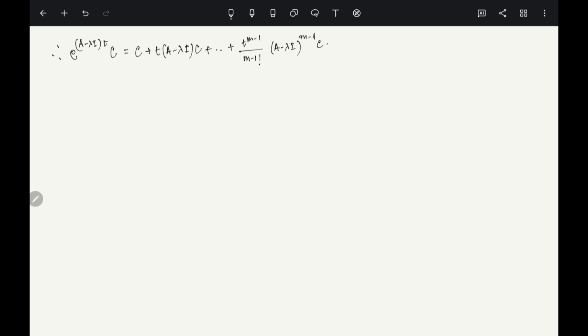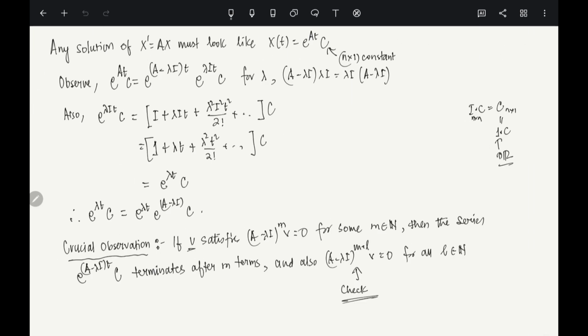That's what we have. We have assumed that if you can find a V, we don't know whether such a V exists or not, if we can find a V such that this happens, then what? I should write it as C. It will be better.